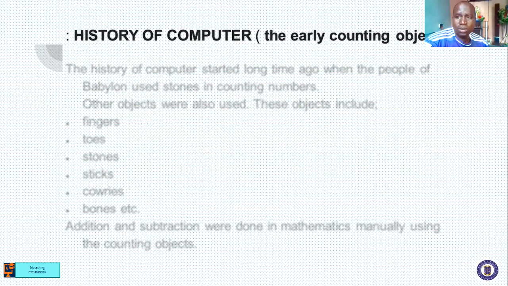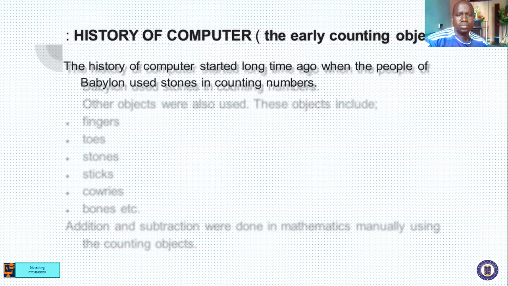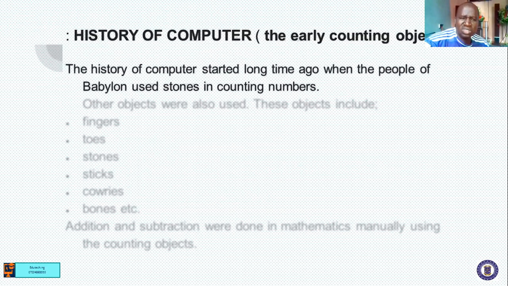They are the ones that brought the idea of the computer today by using different objects in counting and doing little addition and subtraction. So this history of computer started with the people of Babylon when they were using stones and other objects in counting numbers.